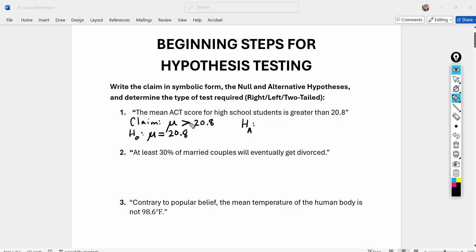You look at the symbol in the original claim. For the alternative hypothesis, the only symbols allowed are the strictly greater than, the strictly less than, or the not equal symbol. If the symbol in the original claim is one of the ones that's allowed, then you keep it for the alternative hypothesis. So the greater than symbol is allowed, and so I'm going to keep it.